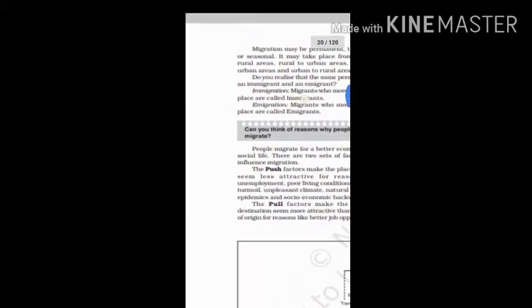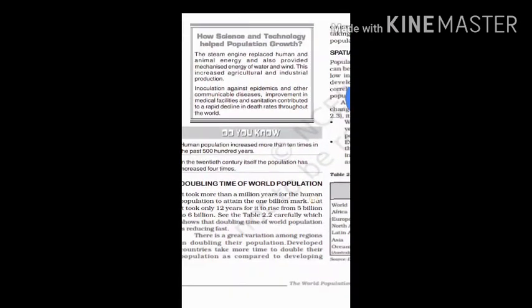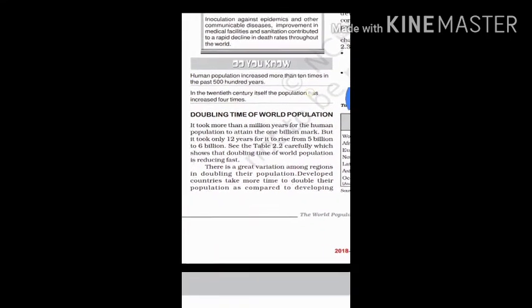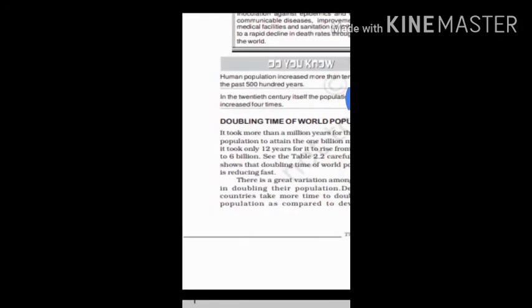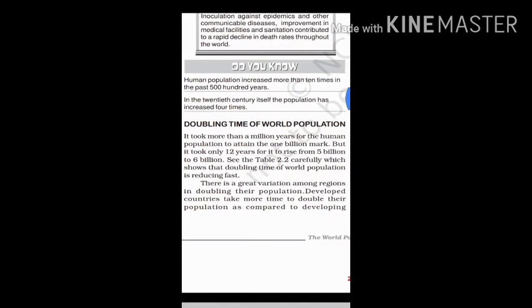Then comes doubling of world population. Here remember this one, that it took a million years for a human population to attain a 1 billion mark, but it took only 12 years for it to rise from 5 billion to 6 billion.